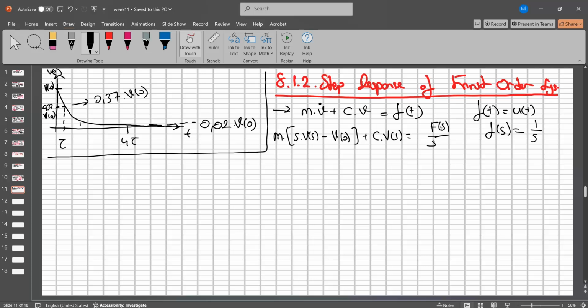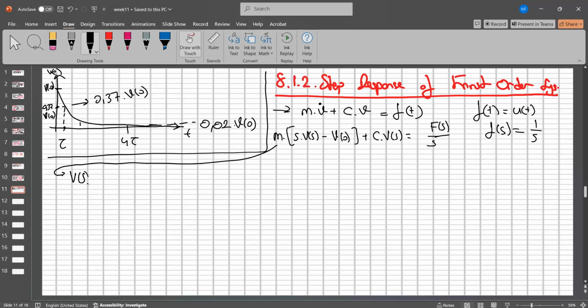For example, 5, 4, or 1. These are considered the unit step signal, but with different coefficients. And so if this is the case, we can write it in this formulation.